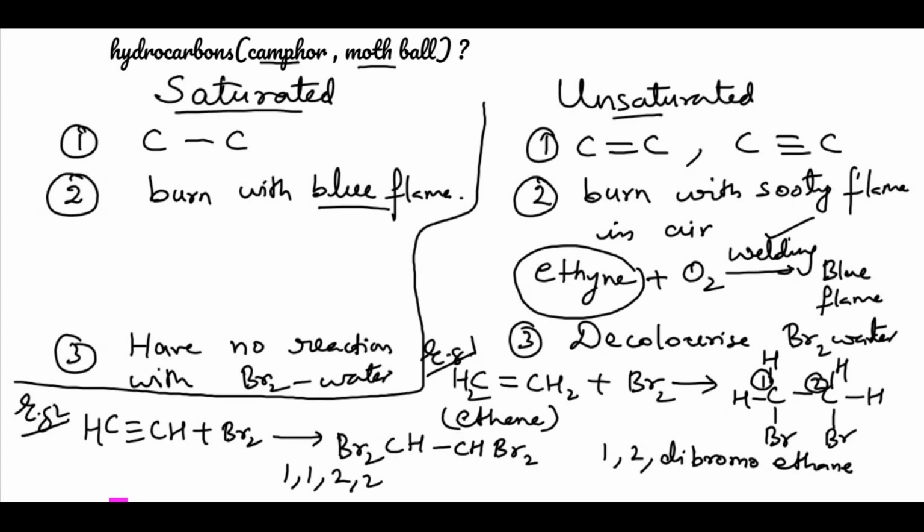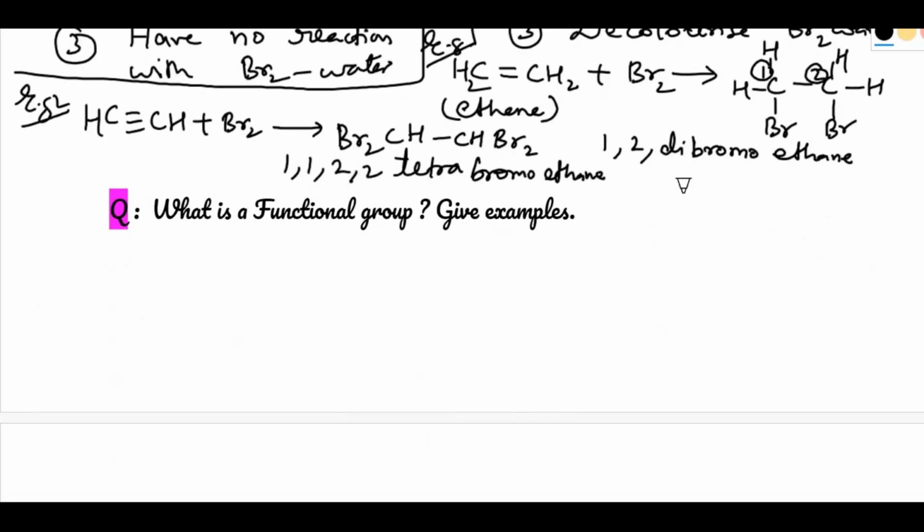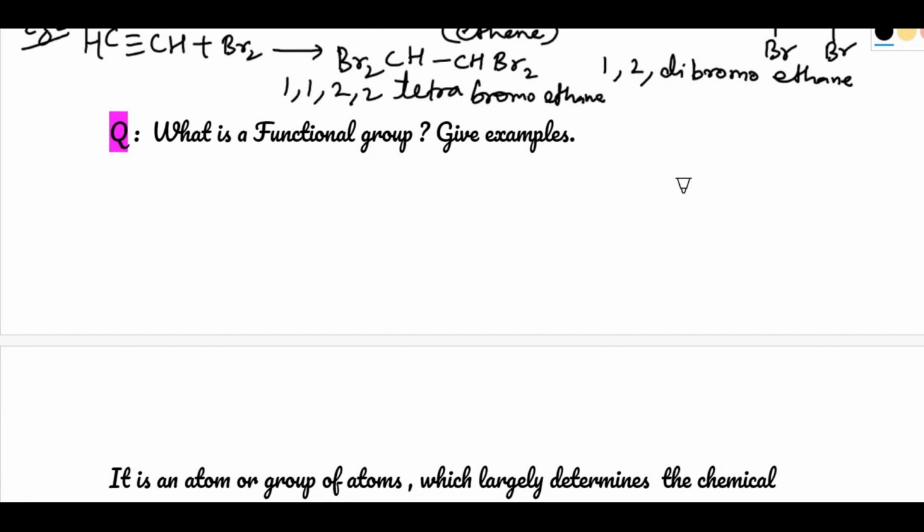Dibromoethane, I'm sorry, it's not di, because 4 bromine atoms are there. So tetrabromoethane. I hope this is very helpful to you. Ethane, E-T-H-A-N-E. So unsaturated becomes saturated, and they decolorize bromine water. Bromine water has a brown color, that gets decolorized. So bromine doesn't look like bromine anymore.